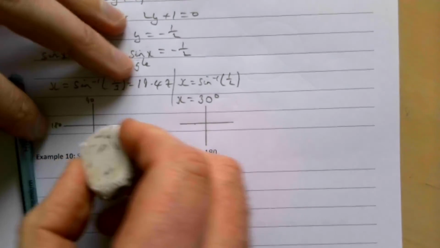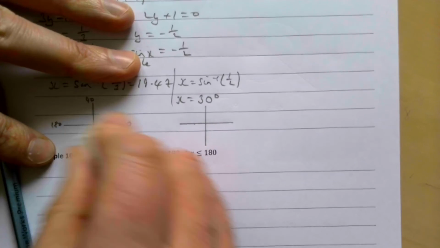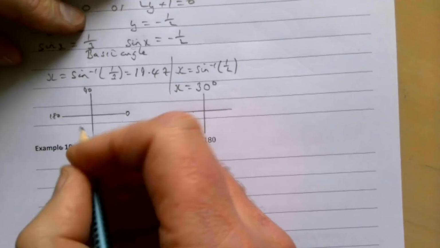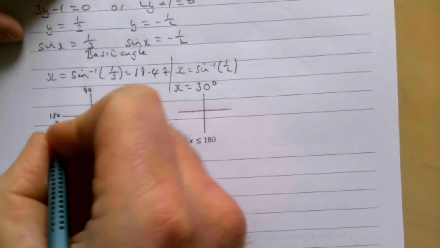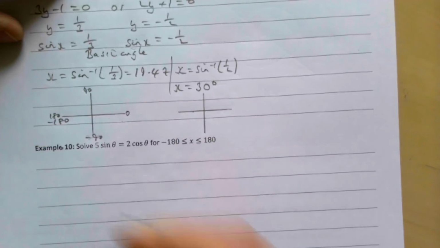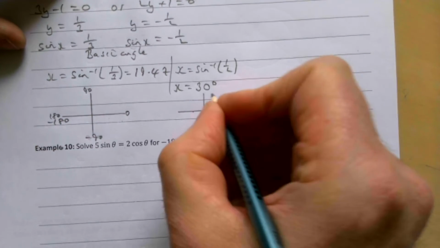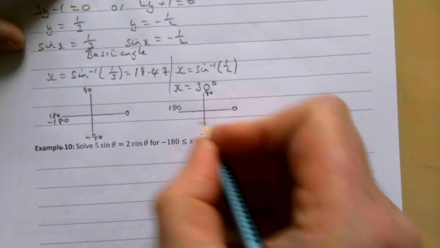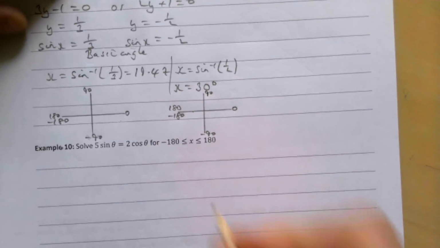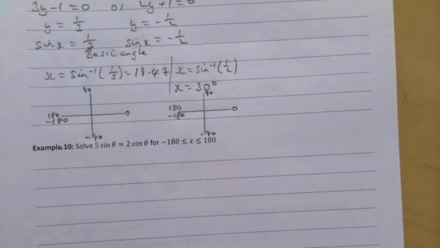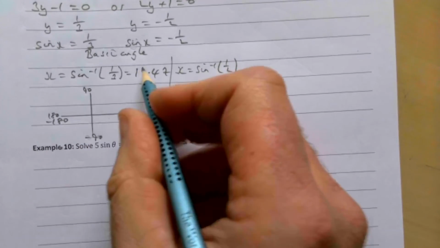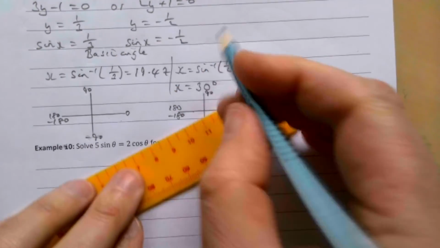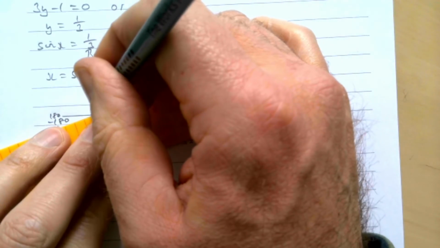It's between minus 180 and 180. So it'll be 0, 90, 180, minus 90, minus 180. So I have my 19.47, and again I want the positive values for those.